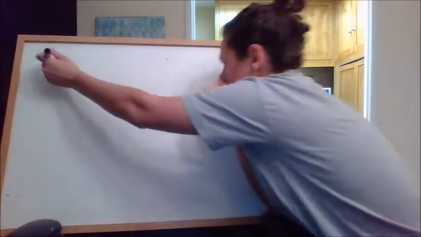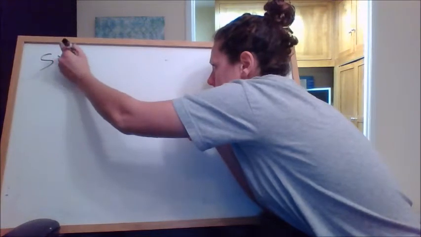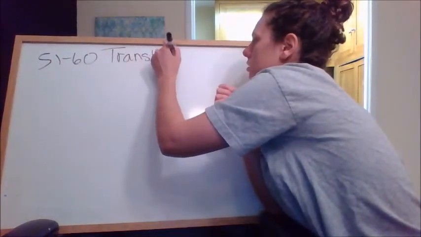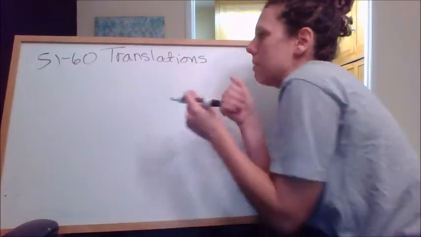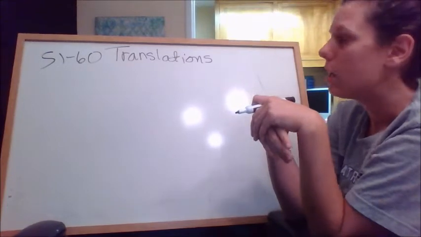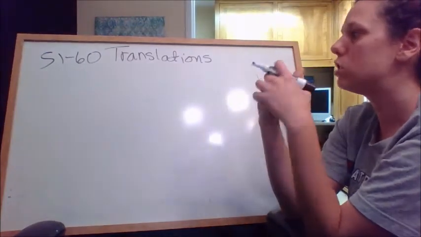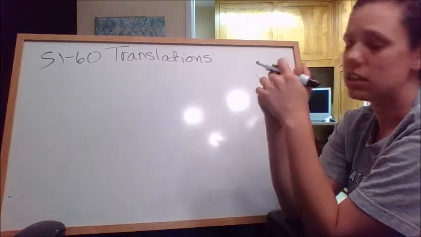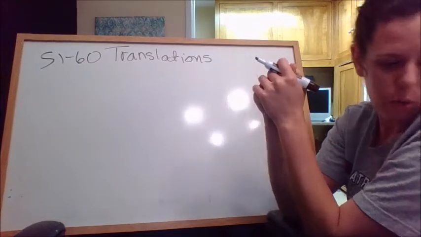51 to 60. Translations. Okay. So this is going to cover pretty much everything that we talked about. One of the smaller things that we talked about was telling your age. So if I were going to ask somebody, how old are you?